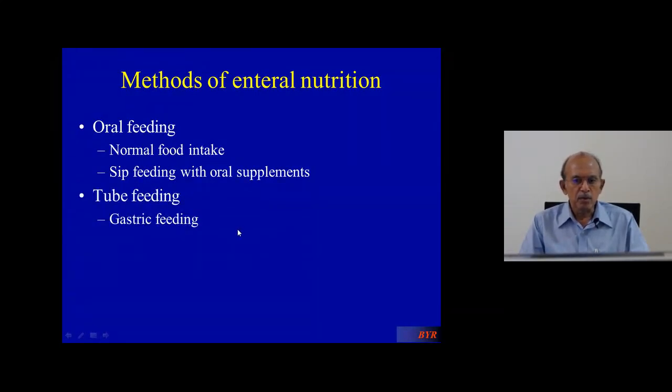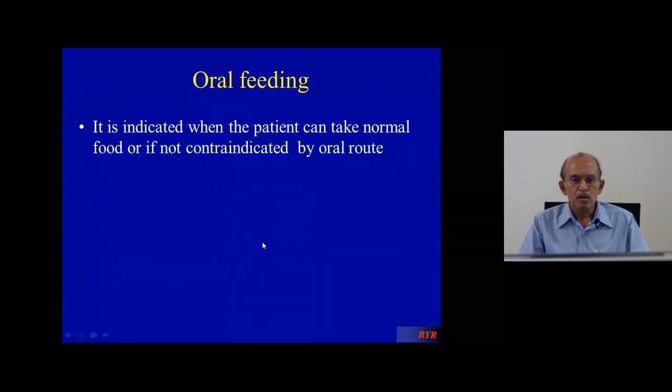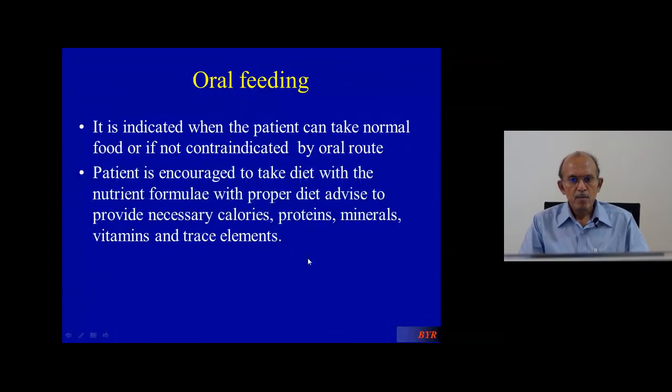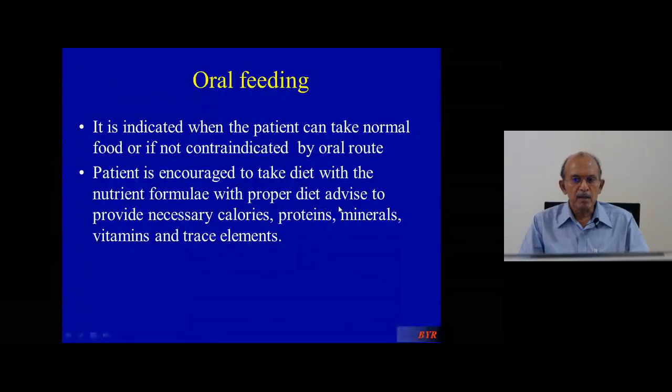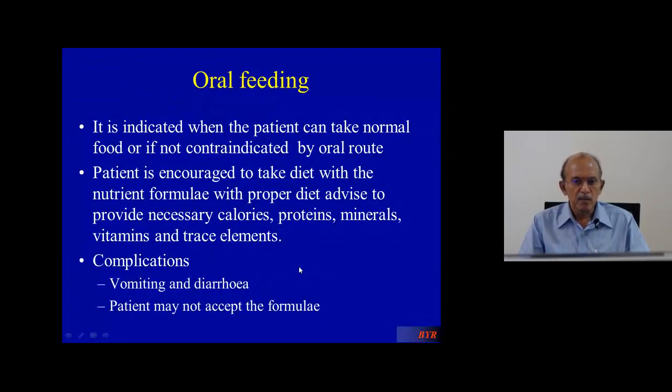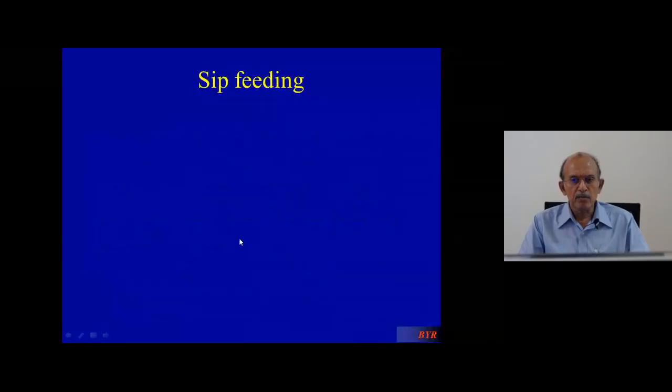That means you can put a tube into the stomach or jejunum and feed him. Patient is encouraged to take diet with the nutrient formula with proper diet advice to provide necessary calories, proteins, minerals, vitamins, and trace elements. Complications: vomiting and diarrhea. Patient may not accept the formula.